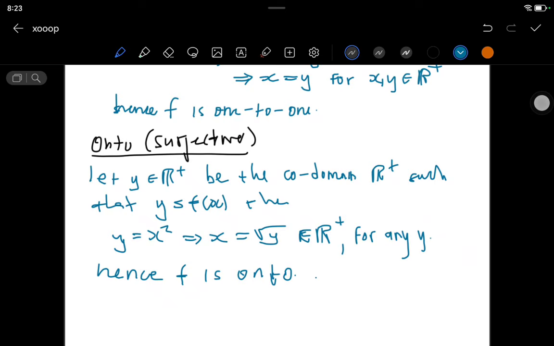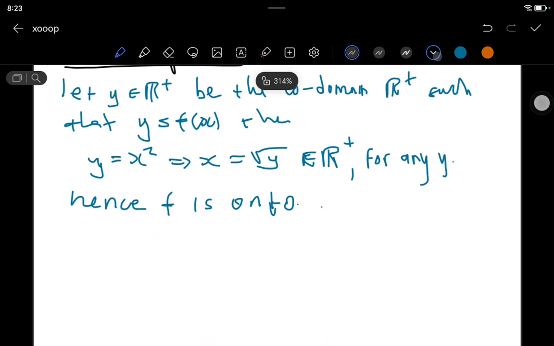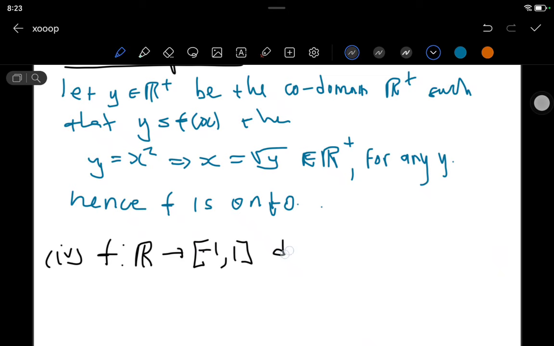Now let's look at this other one. We have the last question there, which is f from R to the closed interval minus 1, 1, defined by f of x is equal to cos of x.